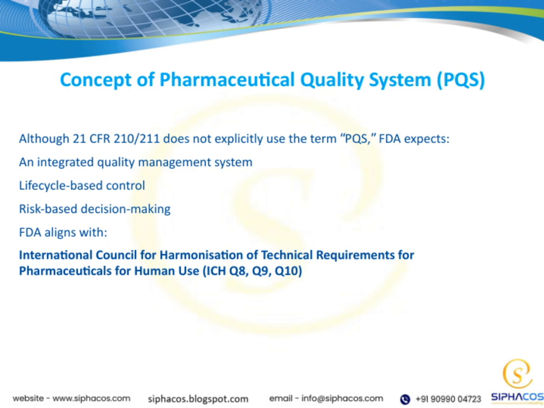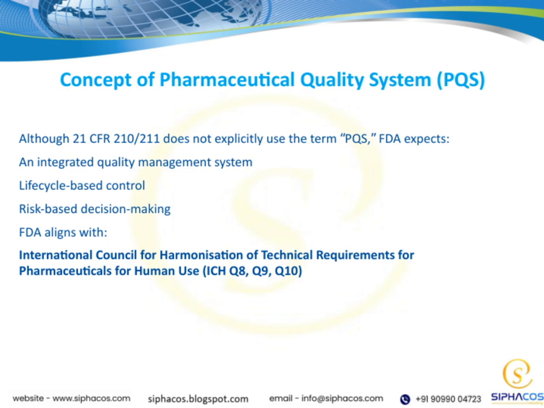Another key element is risk-based decision-making. Instead of reacting to issues after they occur, the focus is on proactively identifying potential risks and making informed decisions to mitigate them. It's also important to note that the FDA's approach aligns closely with international standards, specifically the guidelines from the International Council for Harmonization, or ICH.